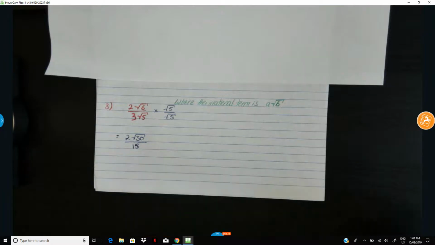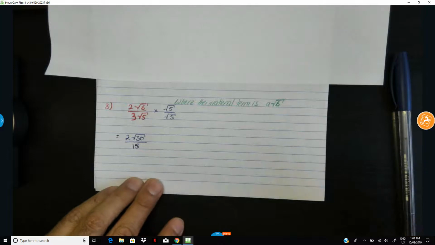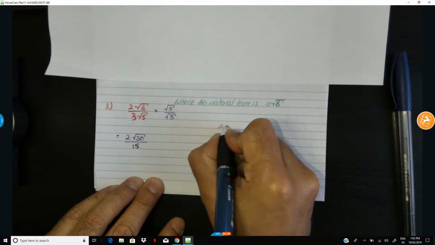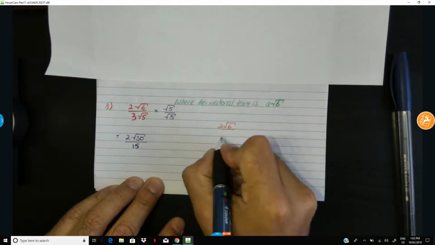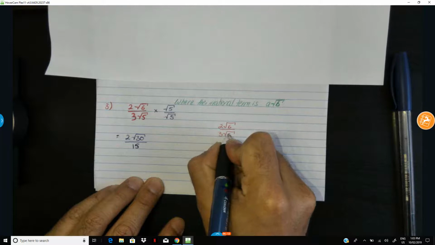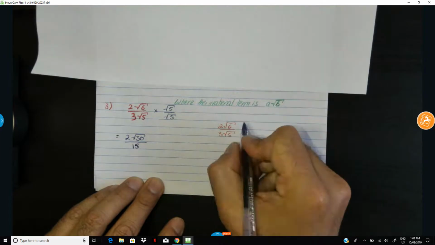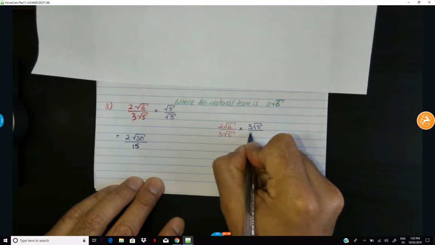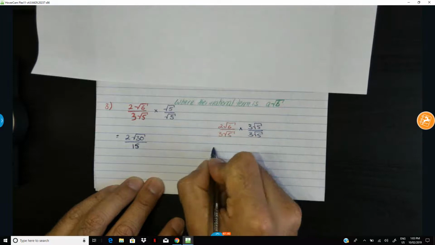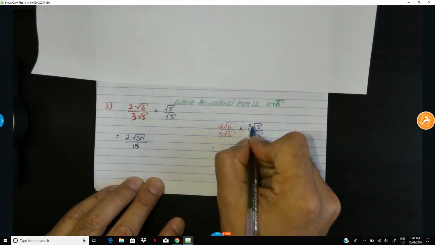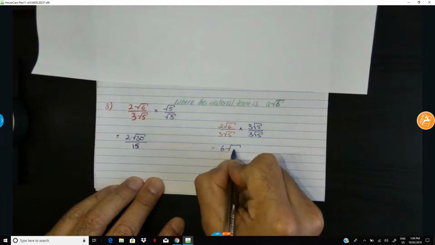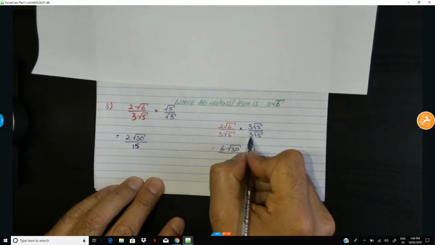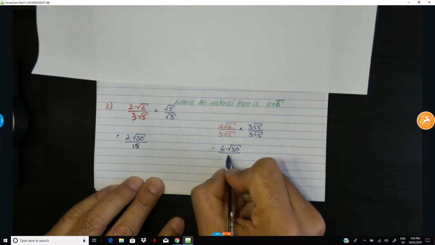And I just want to show you what would happen if I multiply by 3 square root 5. So if I still had 2 square root 6 over 3 square root 5, that's the original question. If I multiply that by 3 square root 5, rather than just square root 5, I would get 2 times 3 is 6, 6 square root 30. 3 times 3 is 9, 9 times 5 is 45.